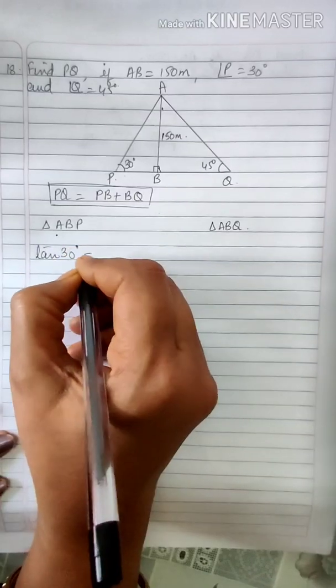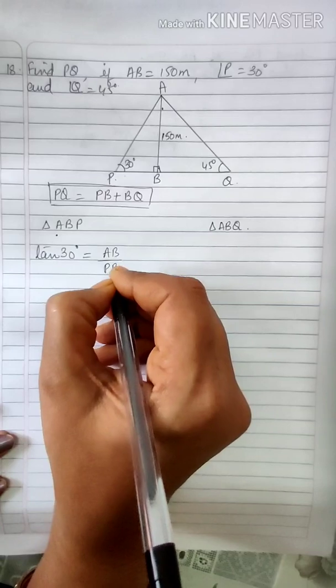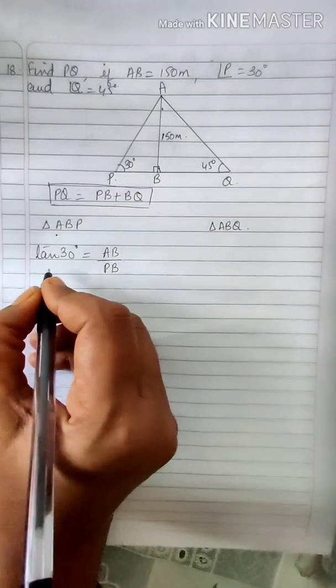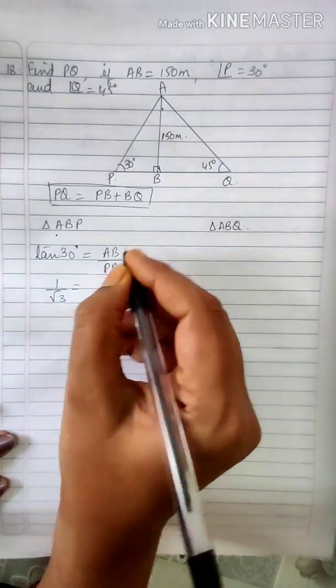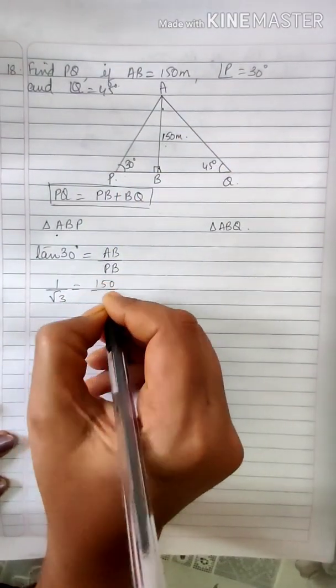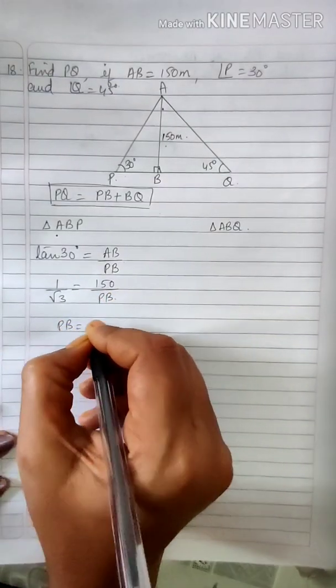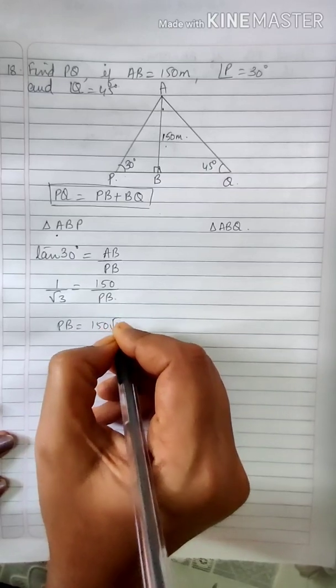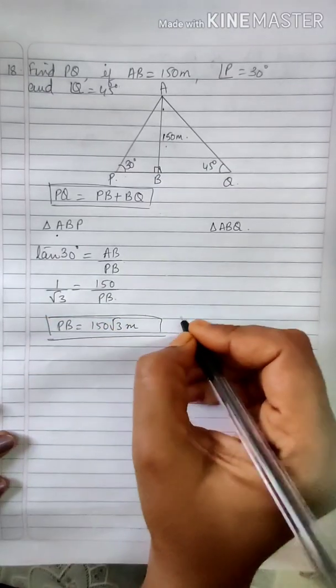Tan 30 is equal to perpendicular by base, which will give you AB upon PB. Now tan 30 is 1 by root 3 and the value of AB is given as 150 upon PB. So you get PB is equal to 150 root 3 meter. So this is your first equation.